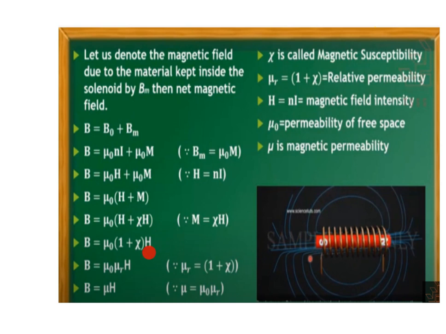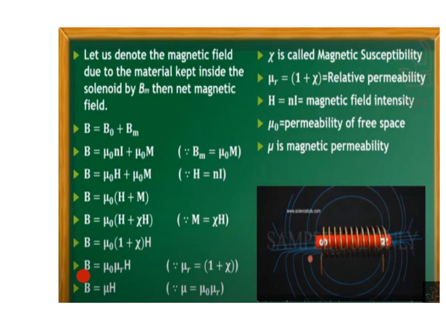So this equation can also be written as B equal to mu naught in bracket 1 plus chi into capital H. So we know that mu naught is the permeability of free space. H is the magnetic field intensity, and chi is called the magnetic susceptibility.